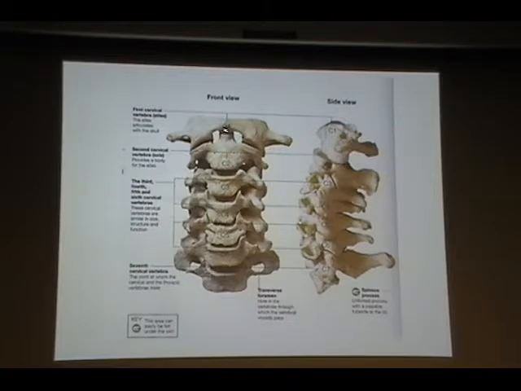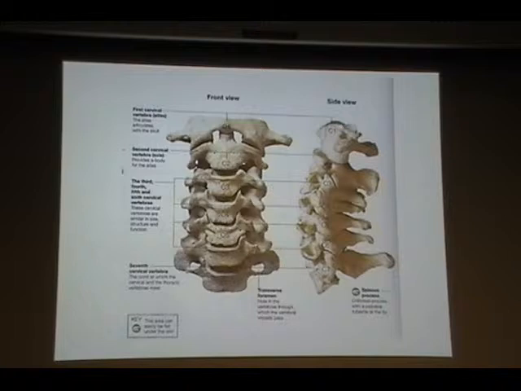It doesn't have a body because it has given its body to C2 to form this odontoid process or axis. This is C2, C3, C4, C5, C6, and C7. Each one of them has a transverse foramen on each side of their transverse process of these vertebrae.